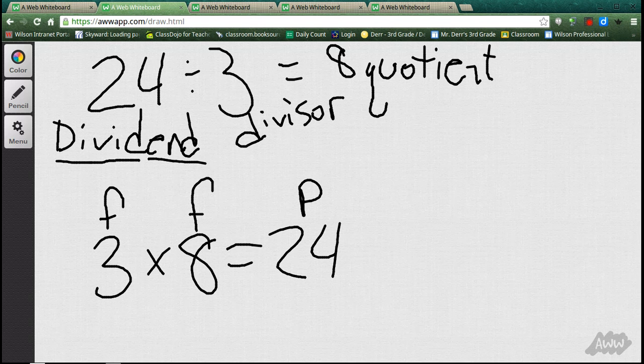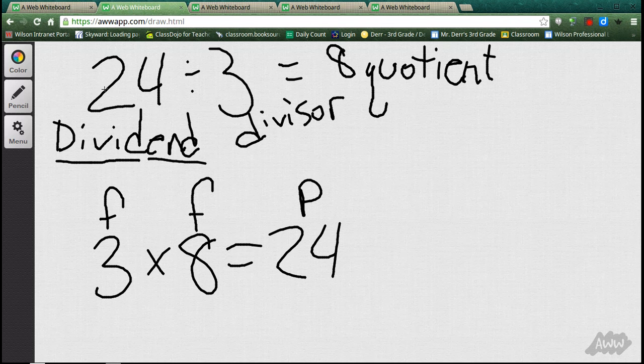The quotient is our answer in a division problem. So again, the first number in our division equation is our dividend. And then what we divide it by is our divisor. And our answer is called the quotient. So now we have 3 names for our division problems.